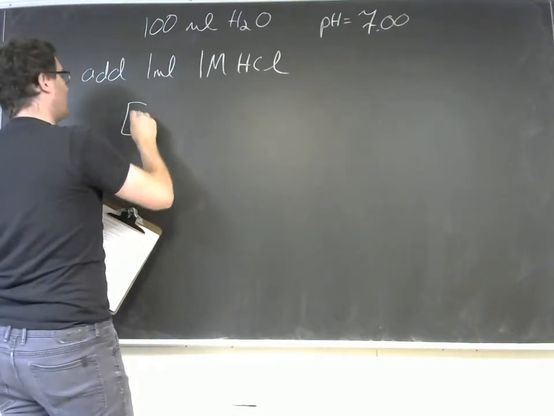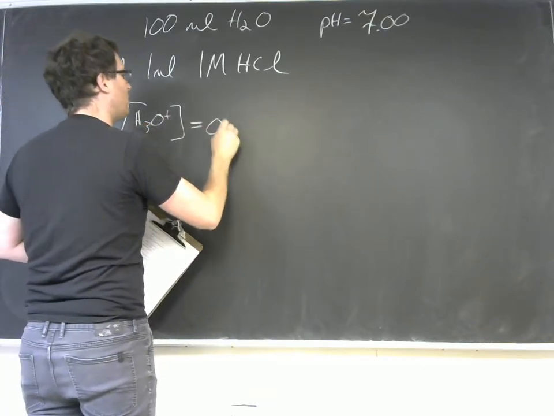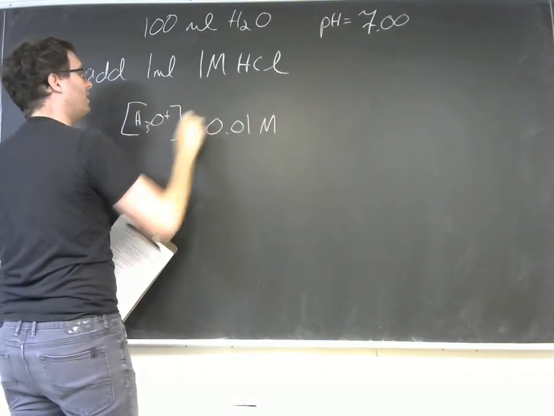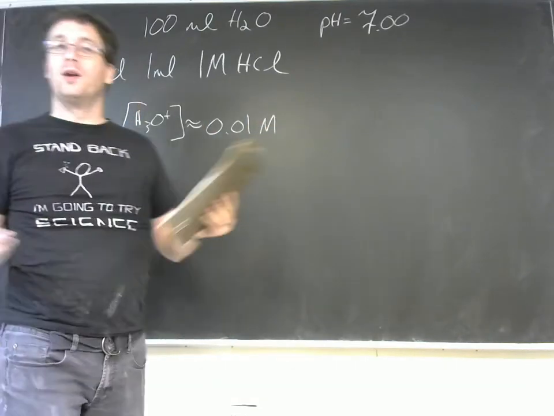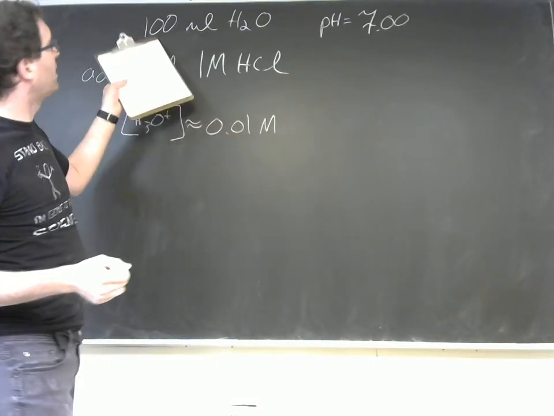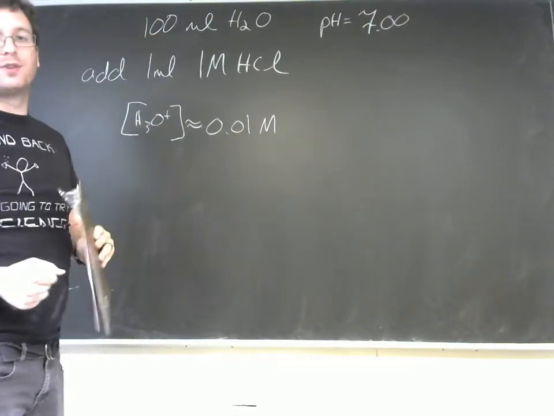So the H3O plus concentration is going to equal, well, about 0.01 molar, right? Because it started at 1 molar and we diluted it by a factor of about 100, and so that's 1/100th of the concentration.